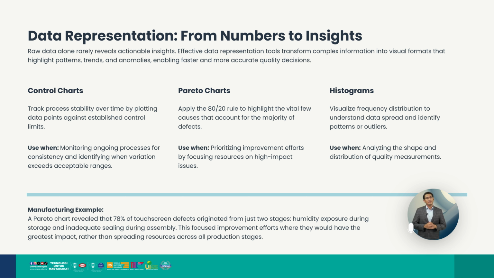Now, these insights allow managers to focus their improvement efforts on those stages for maximum impact. Now, in an IT context, a control chart tracking system performance over several weeks may show a gradual decline in response times, signaling the need for corrective actions before the system reaches a critical failure point.